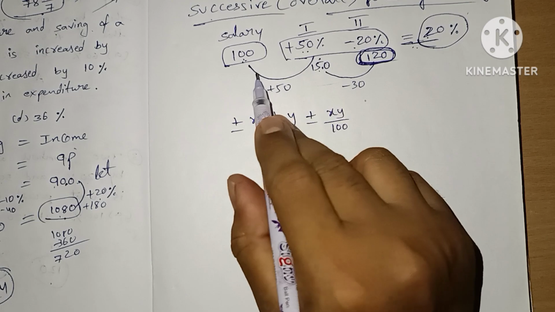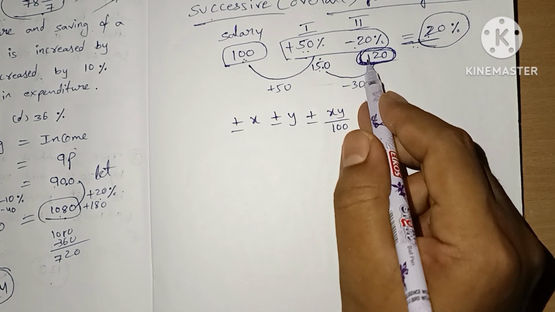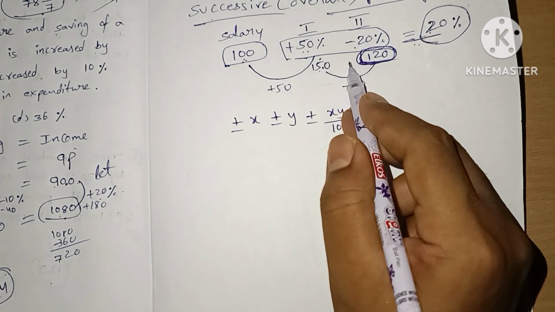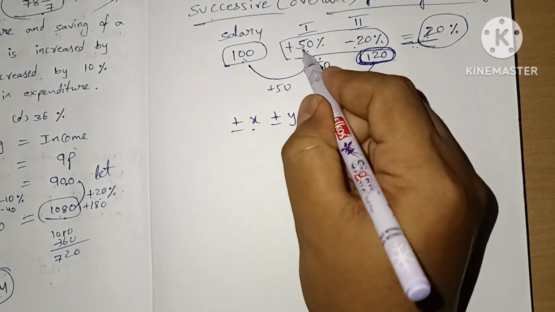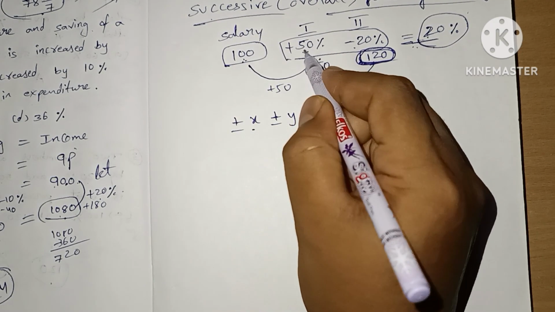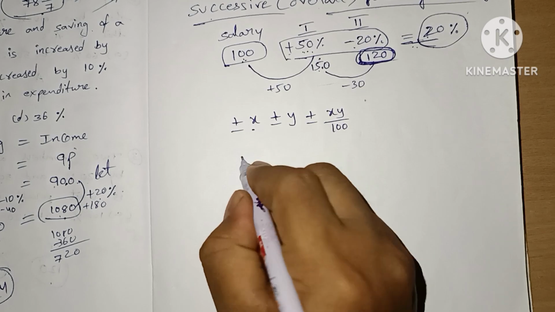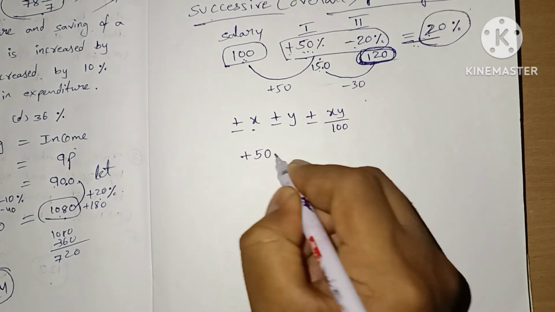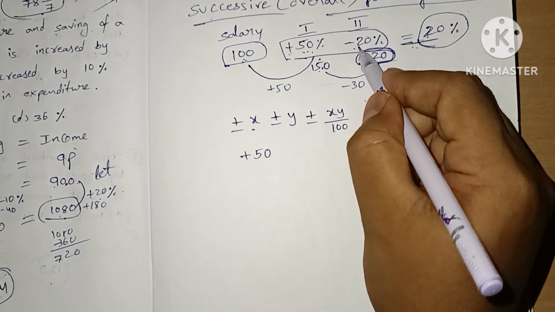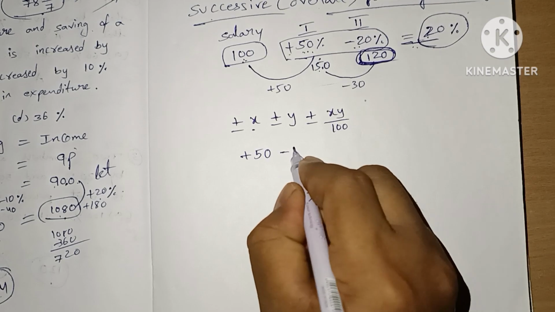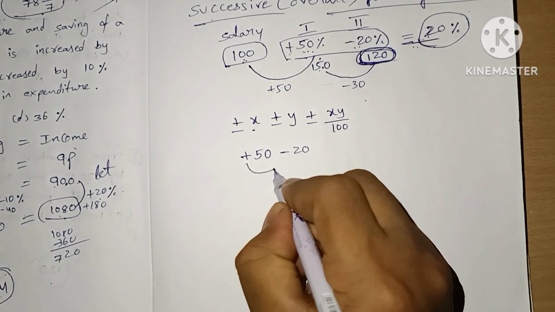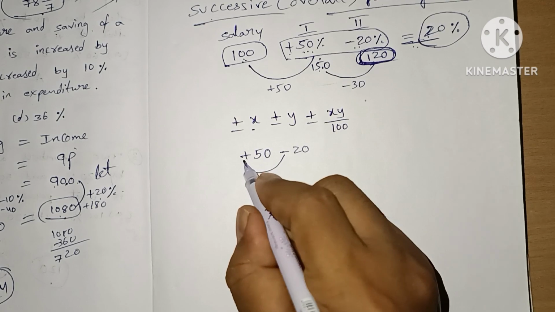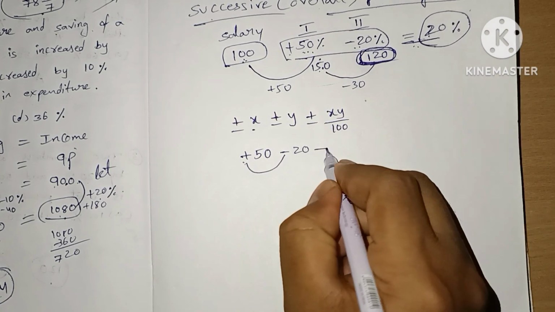Let's understand the same question with this formula. First x, the first percentage, is plus 50, so we take plus 50. In the second year it is minus 20, so we take minus 20. Now the next sign must be the product of these two signs. Plus into minus will be minus.